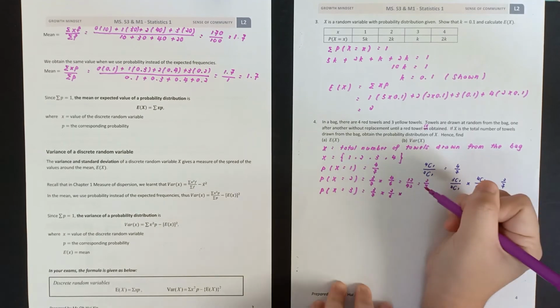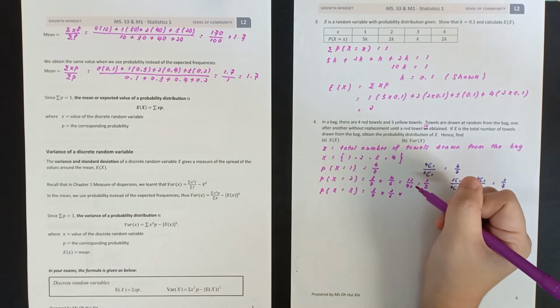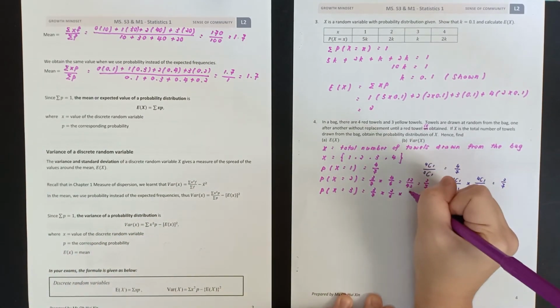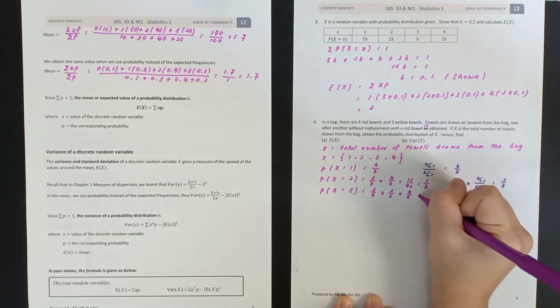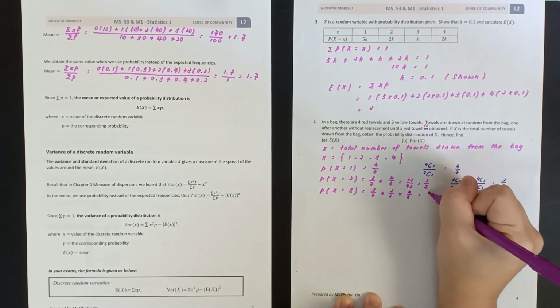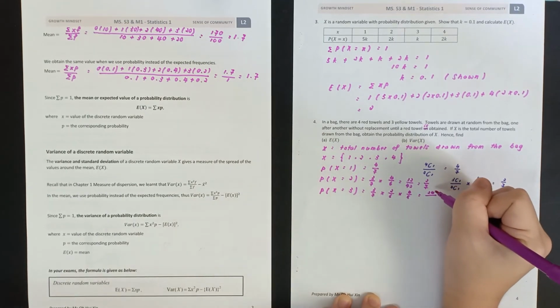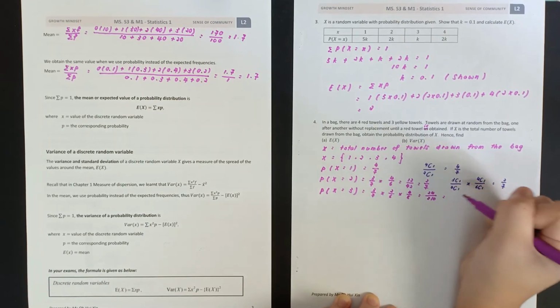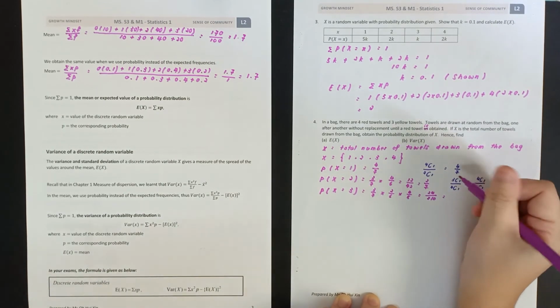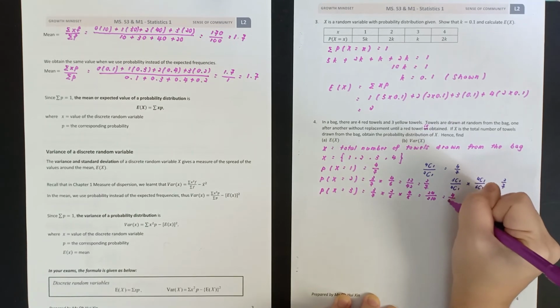And then I times the third time, I should get a red tower. So that's why 4 over how many do I have? 5. Okay, so for this one I'll be getting 24 divided by 42 times 5, which gives me 210. When I simplify this, I will be able to get 4/35.